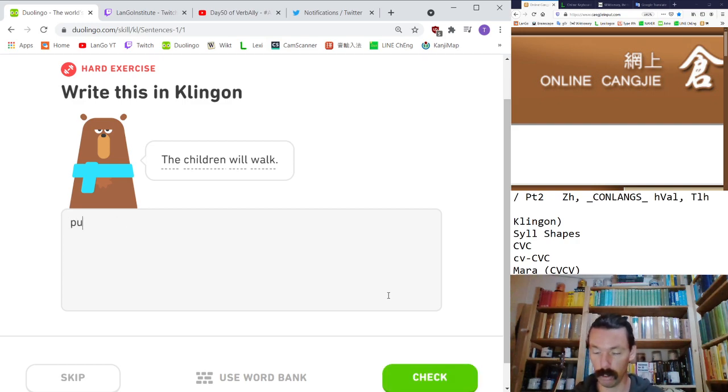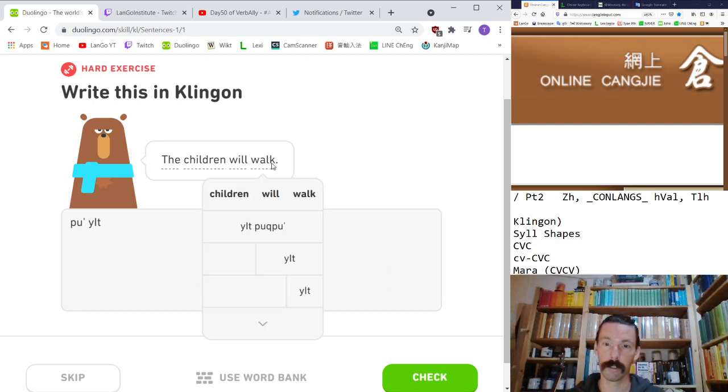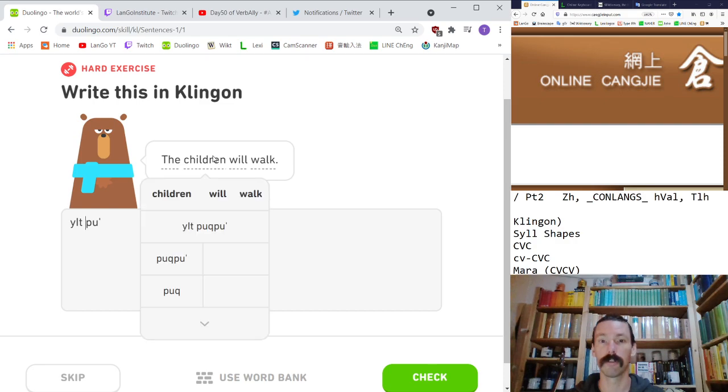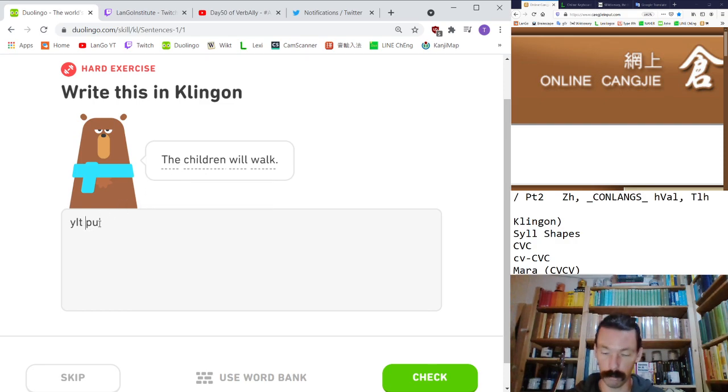It's going to have pu on it, and then will walk would just be. Now it's going to have a prefix to show plural. Yit. Yit. Oh, and of course, no marker for person on that. Puq, P-U-Q. The little puqs are the little children.